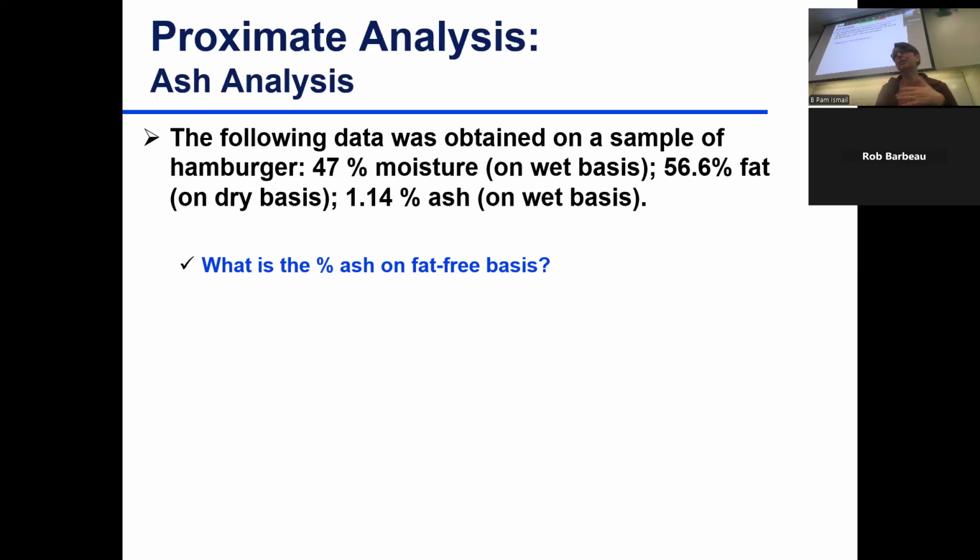I'm not being creative in that question. It does happen in analysis that you remove the moisture, you remove the fat, and then you determine ash and back calculate. So think about it for a minute, and then I'm going to ask you what's the first thing you want to do.